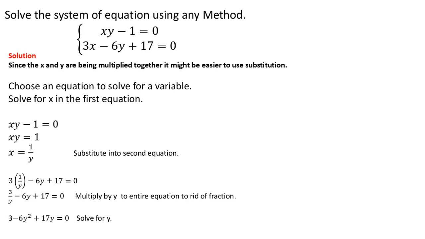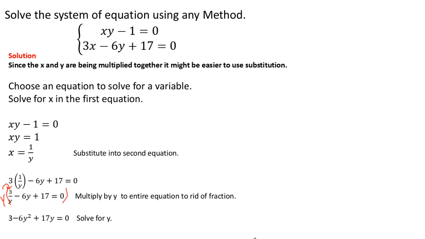Y times 3 divided by y is just 3. Y times negative 6y would be negative 6y squared. Y times 17 would be 17y. And y times 0, don't forget to multiply all the way across, would be a 0.